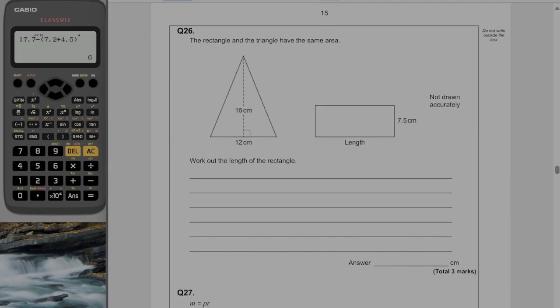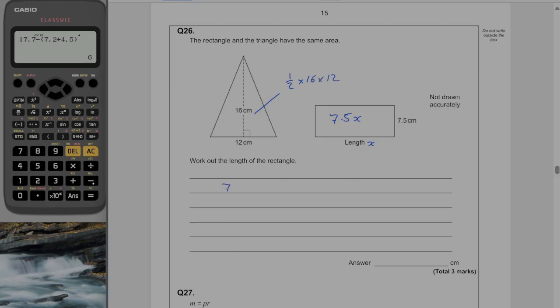Right, question 26. The rectangle and the triangle have the same area. Work out the length of the rectangle. So if they've got the same area, we'll jump straight to saying that the area of this would be, if you call that x, 7.5x. And then the area of this is going to be equal to a half of 16 times 12.